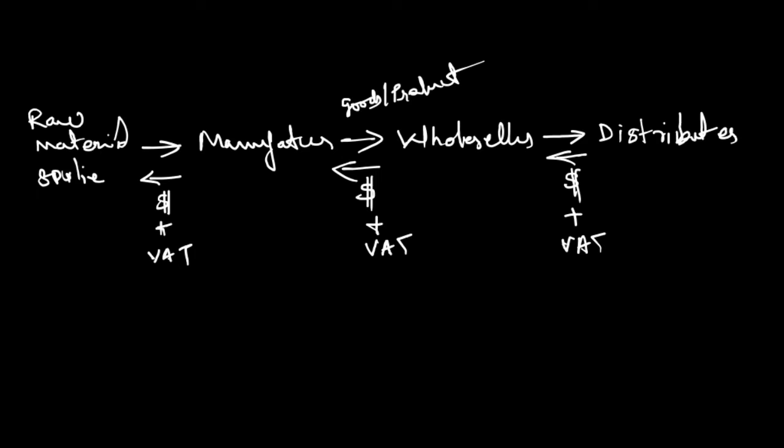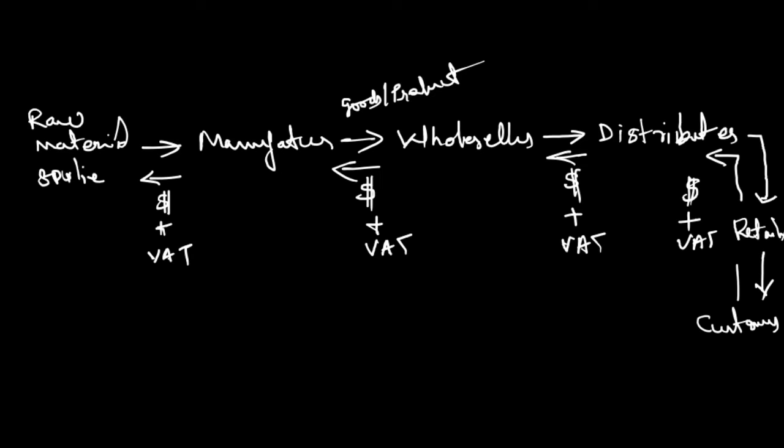So what exactly do distributors do? The distributor will give it to the retailer. The retailer will pay a sum of money with the VAT to the distributor. The retailer will give that product to the customer.